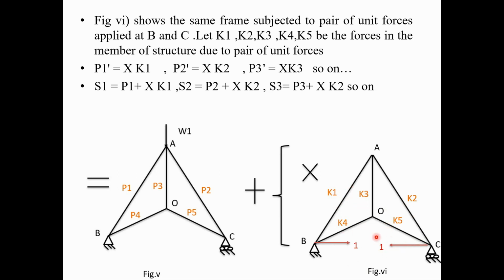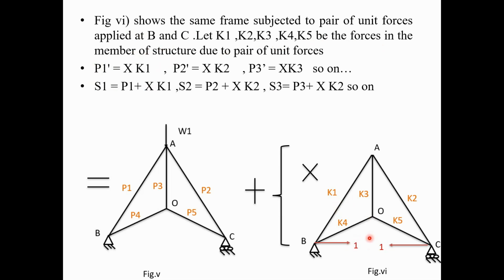Then we multiply that effect with the unknown force X. So we get the force in the members because of the application of X forces at B and C. So K1, K2, K3, K4 and K5 are the forces in the members of the structure due to the pair of unit forces. When you have to find P1 dash, it is the force in the member because of the application of the pair of forces X at B and C.